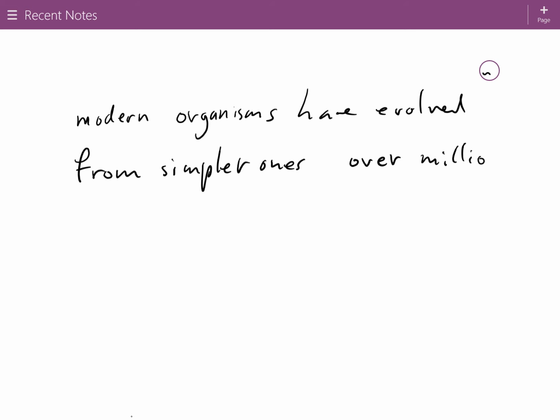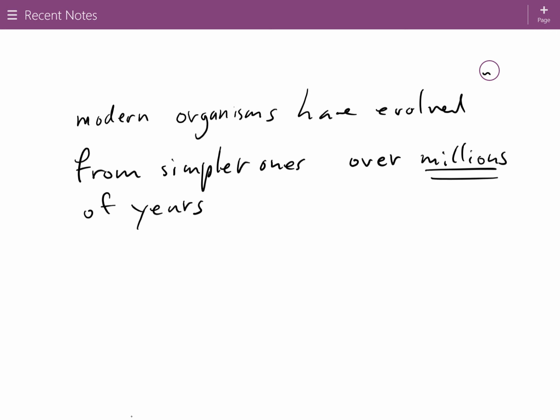Okay, so the main point here is that evolution takes a very, very long time. It doesn't happen overnight. And Charles Darwin was the scientist who came up with the theory of evolution and how he thought it could happen.